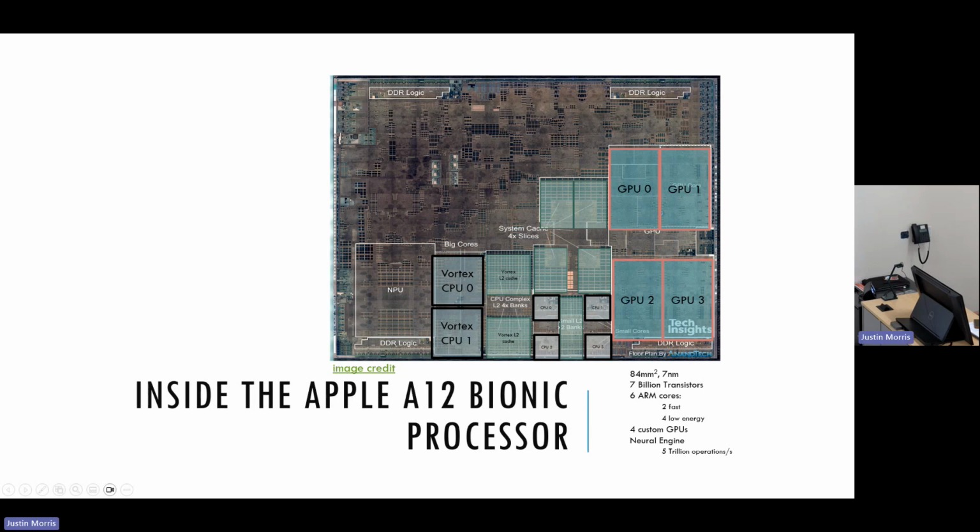Again, this is on chip, so this is SRAM. You can see it is about the same size as the core itself, right? And this is only on the order of megabytes in terms of storage capacity.